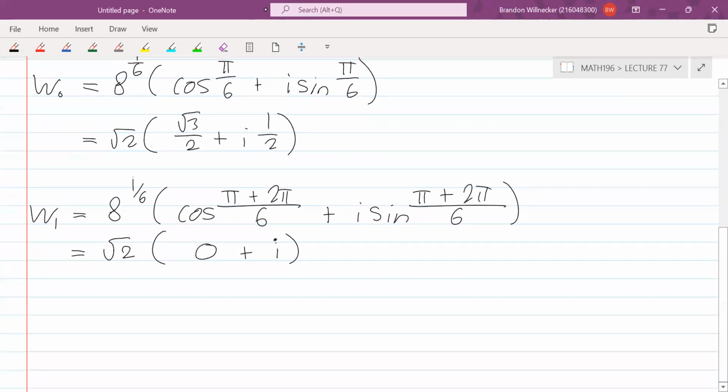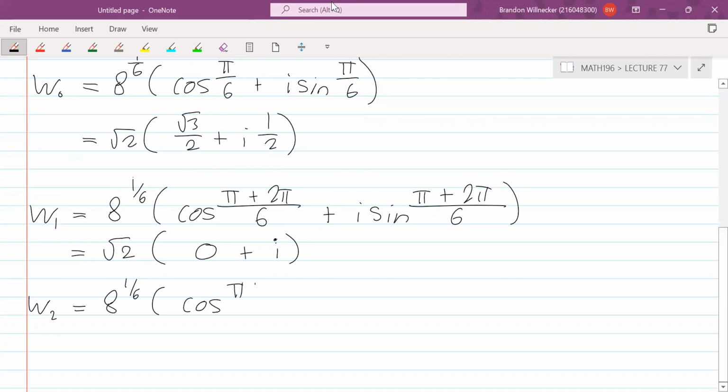Okay, so that's W1. Let's look at W2. Same thing, 8 to the 1 over 6, cos of, now k is 2, so we're going to add 2 multiples of 2 pi.